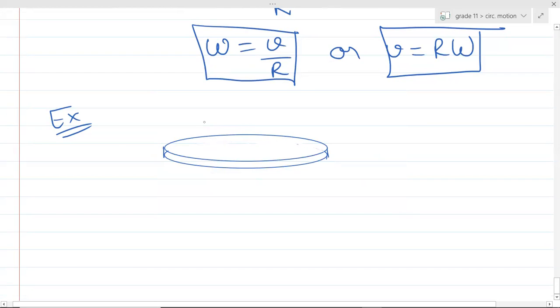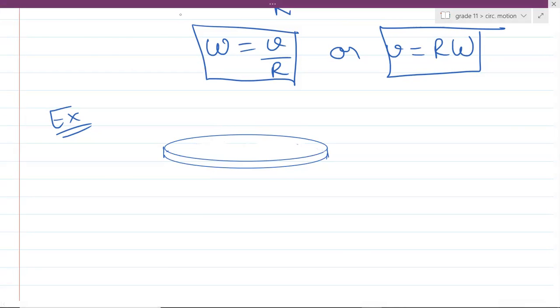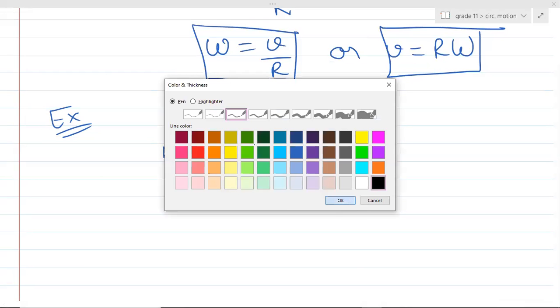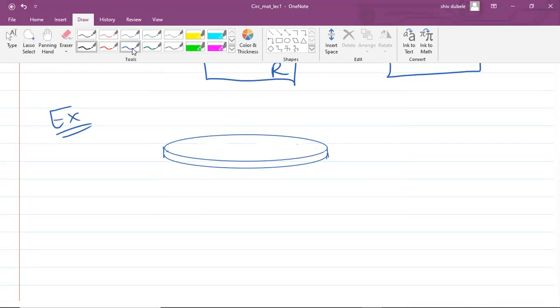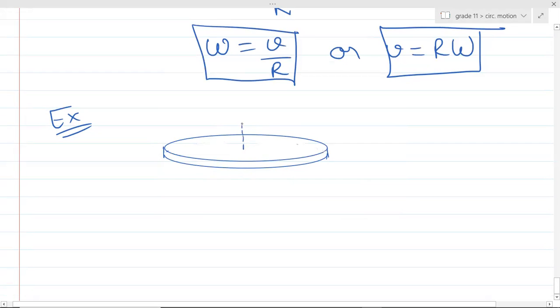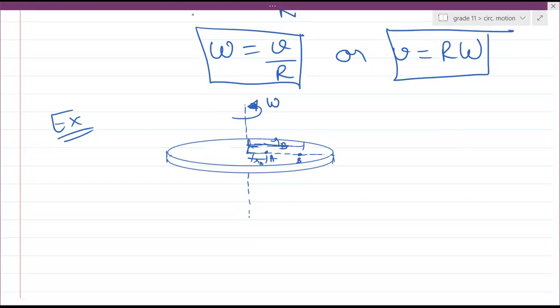I hope everyone is able to see a disk, right? So this is a disk, guys, and now if I say this is the axis of rotation, it is rotating about this axis with the angular velocity omega, and there are 2 points A and B. A is at a distance of RA, and B is at a distance of RB.